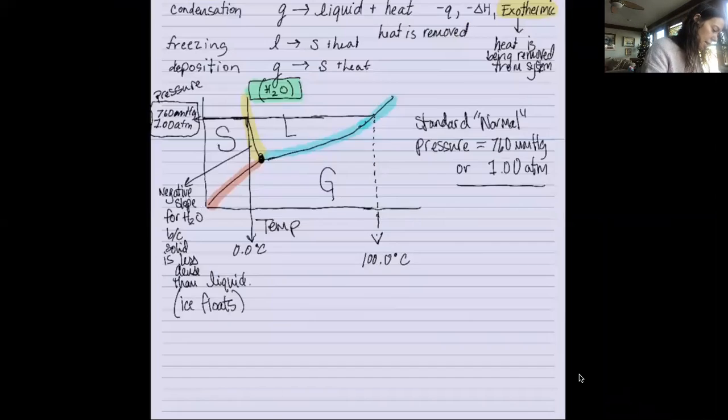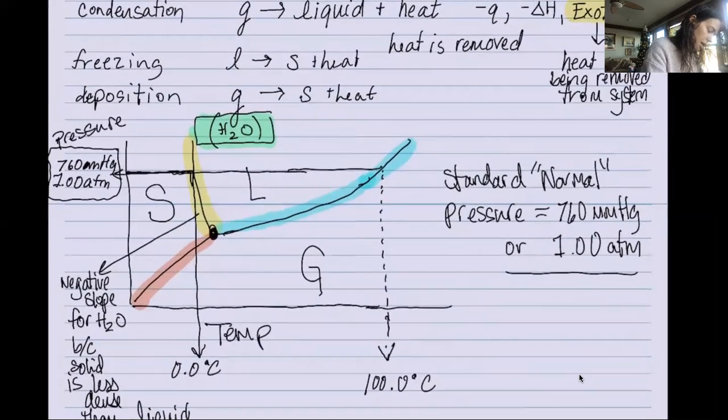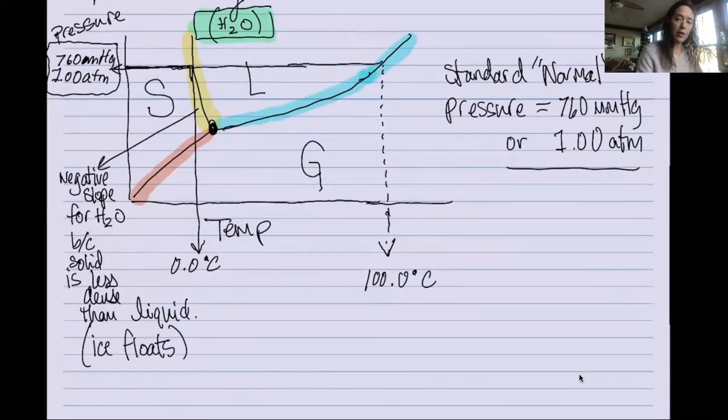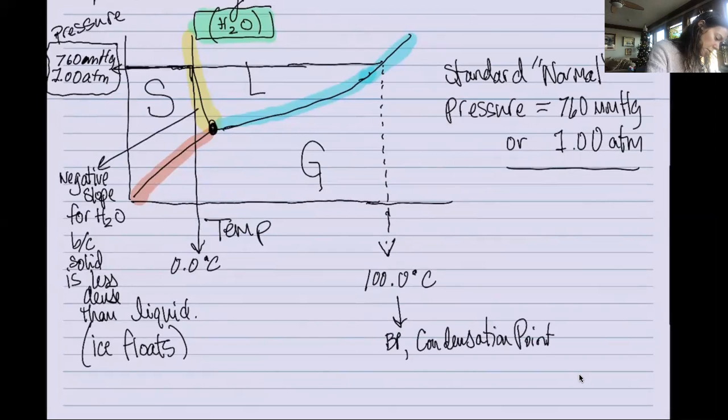So this is not a heating cooling curve. This is kind of like a graph, and we can determine freezing points. This is a boiling point or condensation point. And this is a freezing point or a melting point.